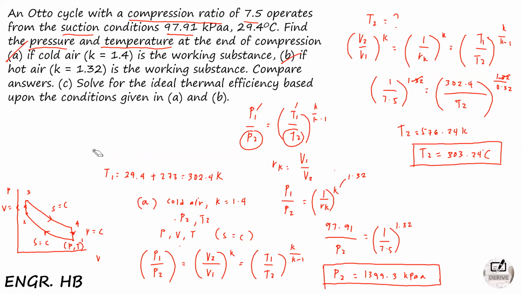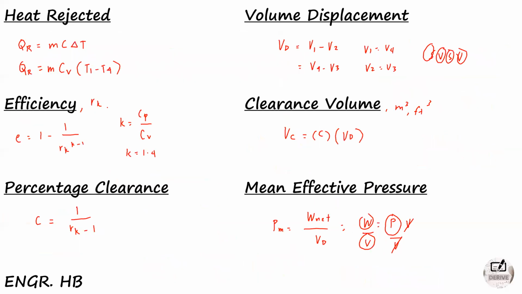So letter C tayo. So we all know that the thermal efficiency based on the conditions given, meron tayong kaninang second formula for the thermal efficiency, which is 1 minus 1 over Rk raised to K minus 1. Tama ba kung babalikan natin?